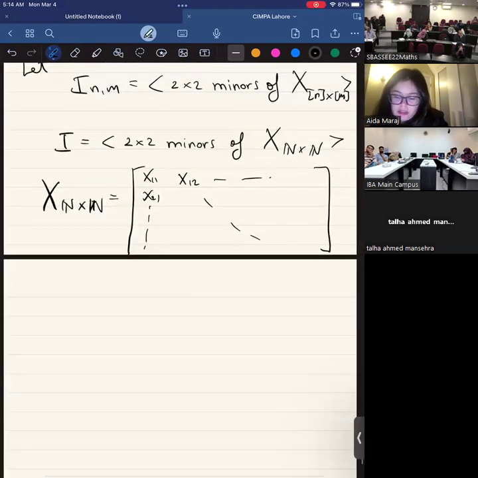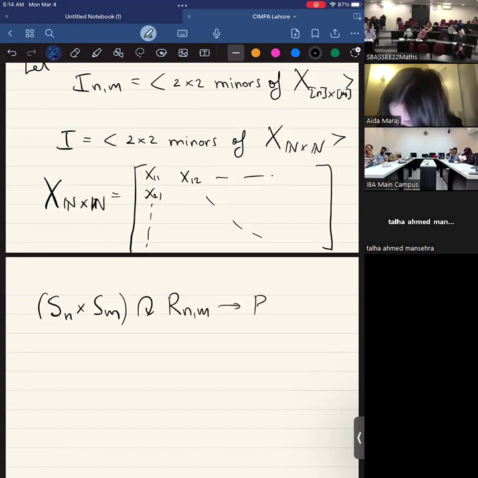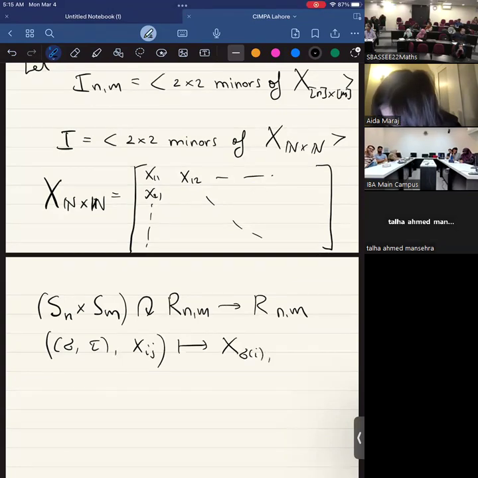And now one alternative way is we take S_n times S_m, and this acts on R_{n,m}, such that if we take a sigma and a tau, this will act on x_{ij} as x_{sigma(i), tau(j)}. So the first S_n is in charge of permuting the rows, and S_m is in charge of permuting the columns.